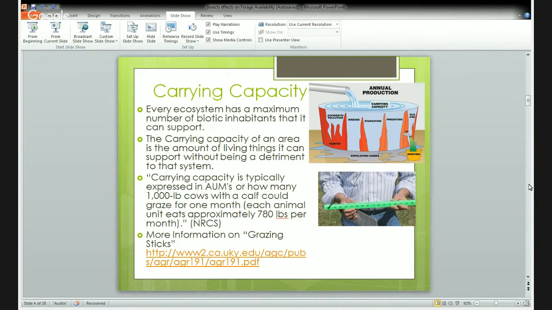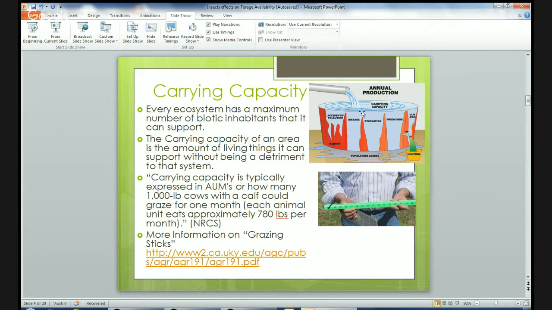But we're going to talk a little bit more about carrying capacity. I like this image. It really does a nice job of illustrating the ecosystem as almost like a cup. With disease and starvation and predation and old age, we have this homeostatic maintenance of how many critters and plants we can have. We'll call those biotic factors. How many biotic factors can be supported in this given area? By bringing in animals, such as our livestock, we may be altering that a little bit.